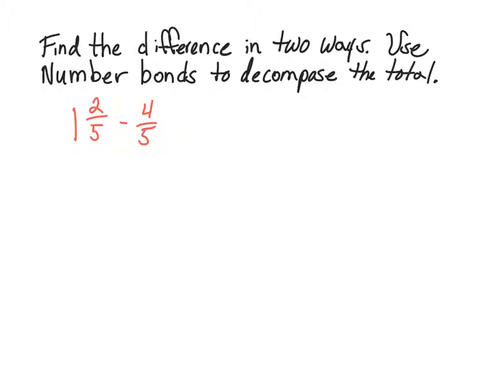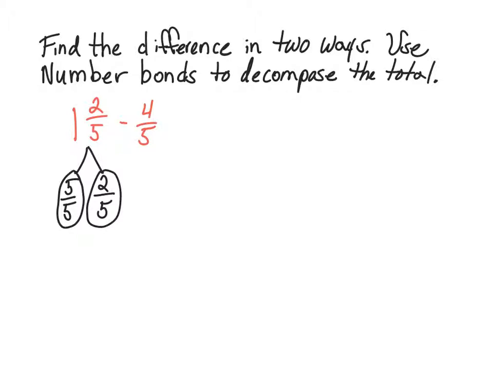All right, find the difference in two ways. Use number bonds to decompose the total. So we're going to look at 1 and 2/5, and we're going to decompose it. So let's decompose 1 and 2/5, and we're looking at fifths, so we know the whole is going to represent 5/5. And we are left with 2/5 on this side.